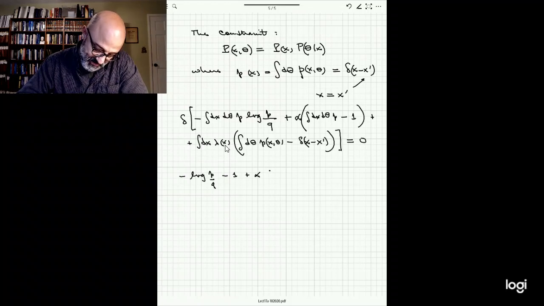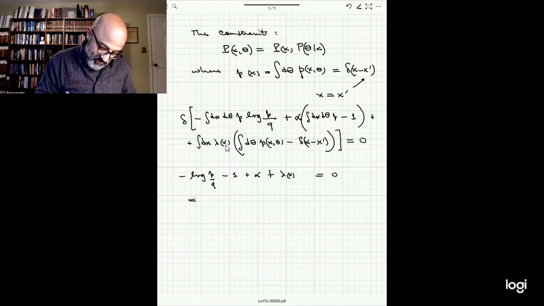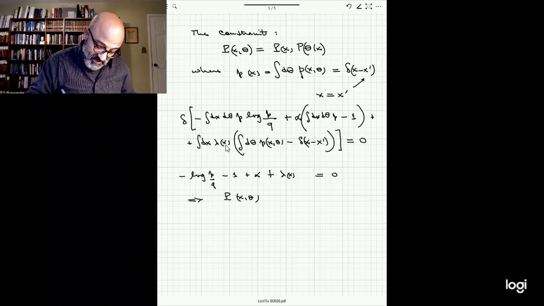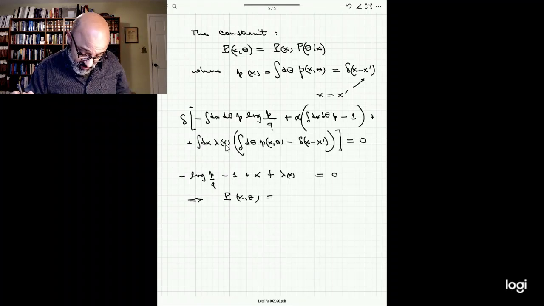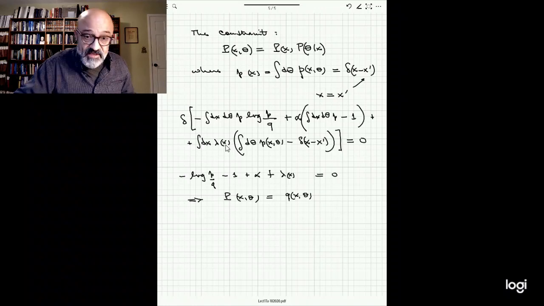This is a plus lambda x delta p, and all of this is equal to 0, which means therefore that whatever this posterior is going to be, which is the chosen posterior, this is going to have the q(x, theta).